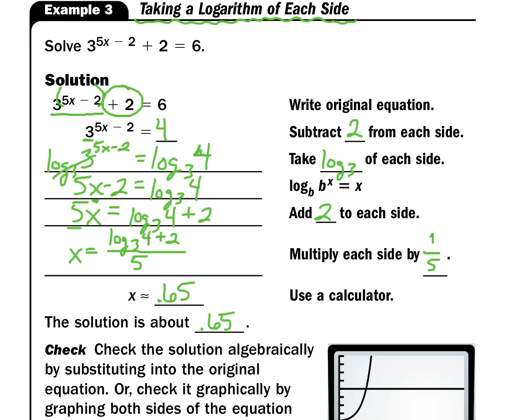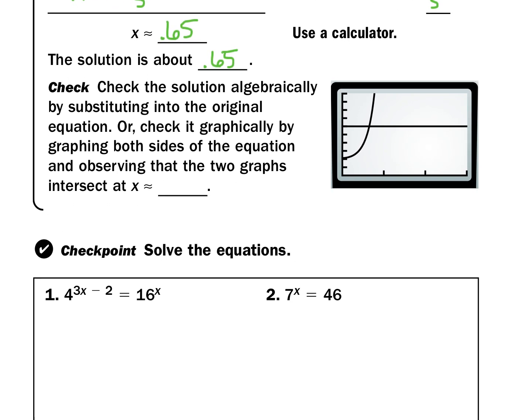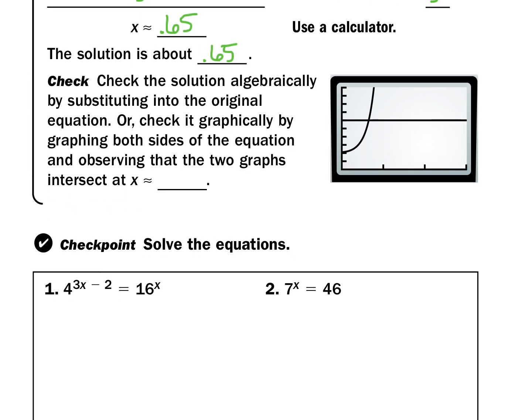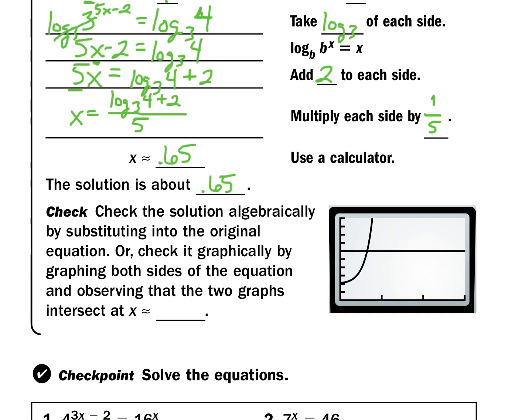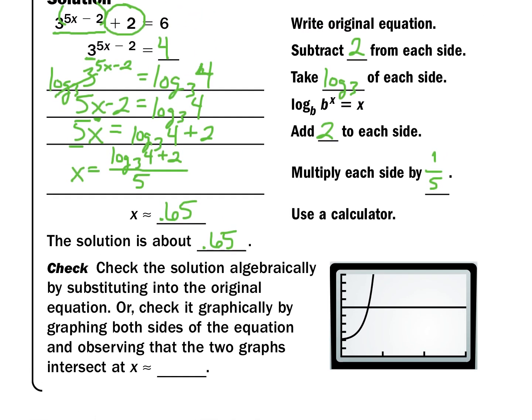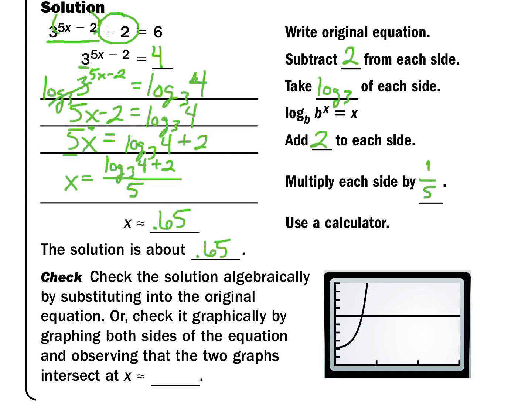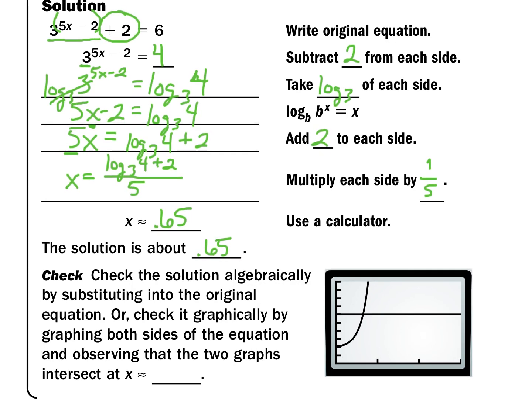Now there's two ways that I can check that. One way is I can do it algebraically. The other way is I can check it graphically. The way that you would check it graphically is you would graph both sides of the equation. So in other words, on the TI-84 or whatever graphing calculator, you would do y equals 3 raised to the 5x minus 2.